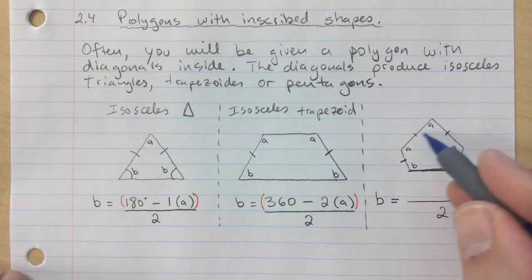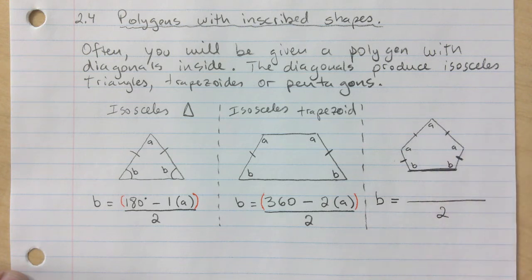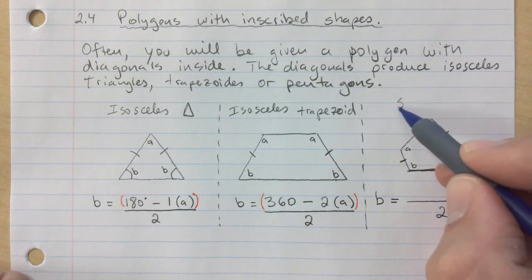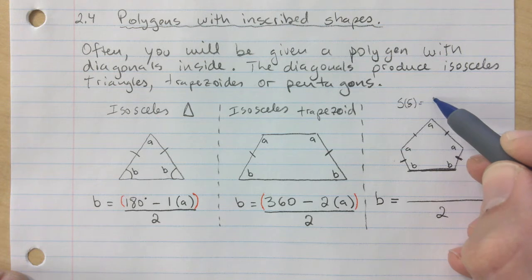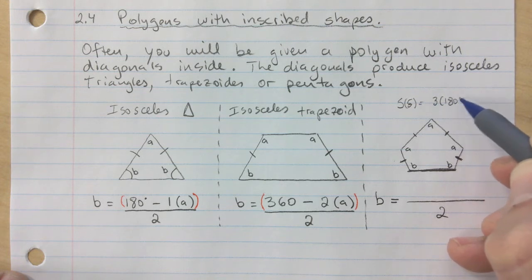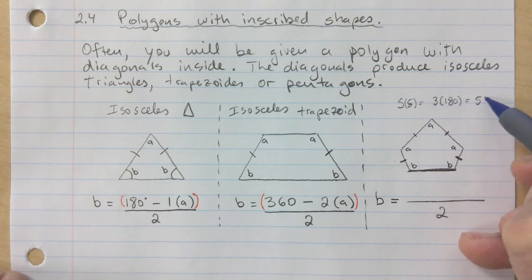And the sum of a 5-sided shape, what would that be? Use the formula. Sum of a 5-sided would be 5 minus 2, which is 3 times 180. That's 540.